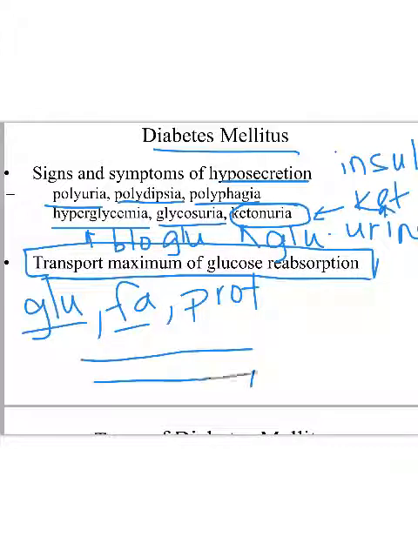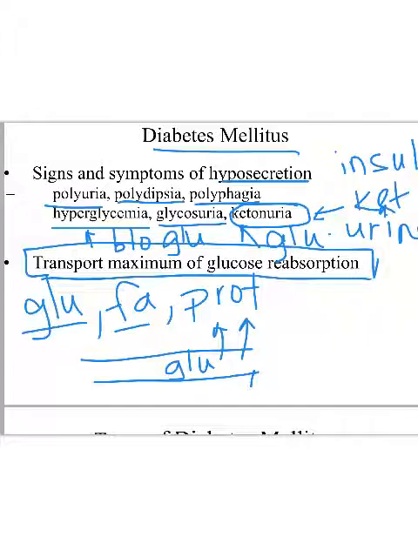Okay, so when the glucose is in our blood, it actually passes through into our urine, or our glomerular filtrate, what's going to become our urine. Normally the glucose is getting filtered out, and it can end up in your urine, but our body is really good at reabsorbing it and putting it back into the blood.